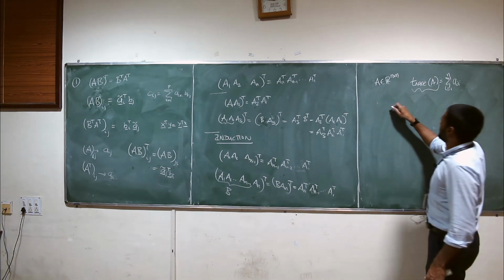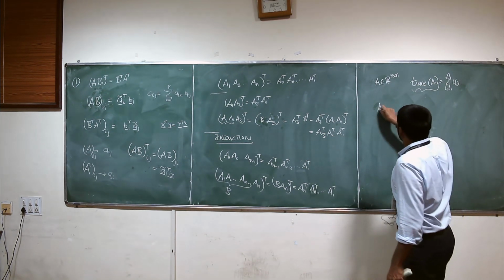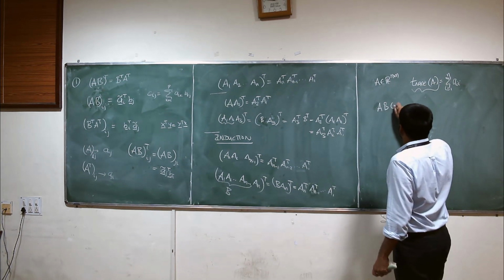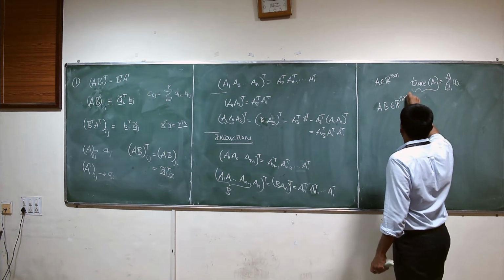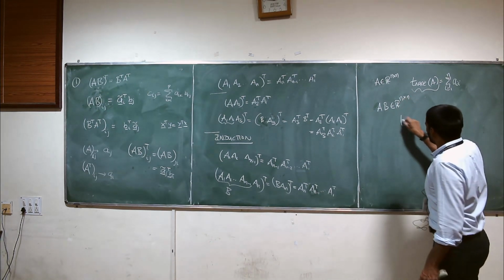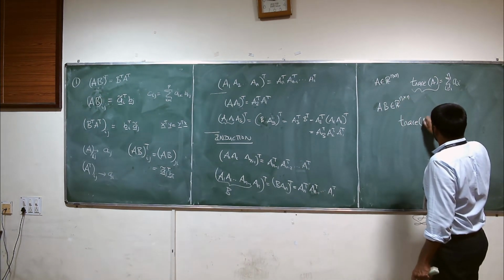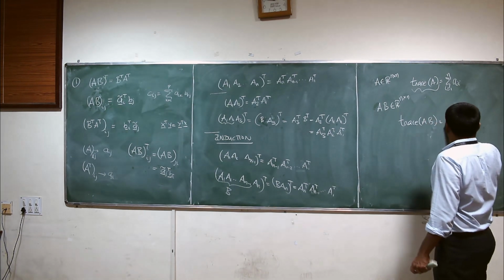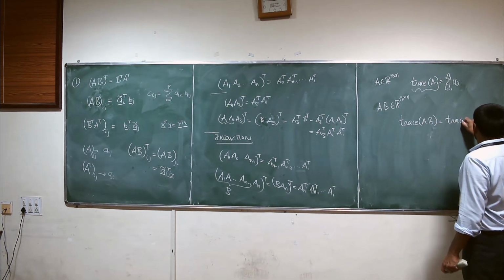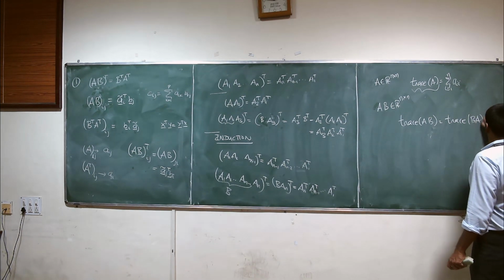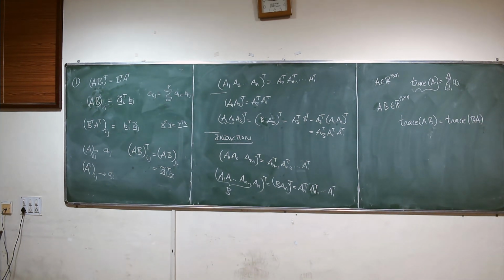Now, if you have two matrices A and B that give you a square n cross n matrix, it turns out the trace of AB equals the trace of BA. How do you show something like this?